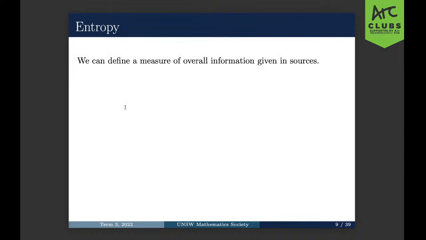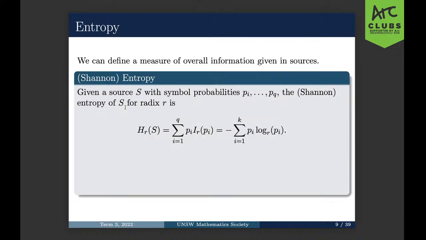And we can also define a measure of the overall information that's inherent to a source based on this new information quantifying function. Here's what we call the Shannon entropy. If we have a source S with symbol probabilities p_1 to p_q, the Shannon entropy of S for radix r is the weighted sum of the information: probability times the information gained by that probability.